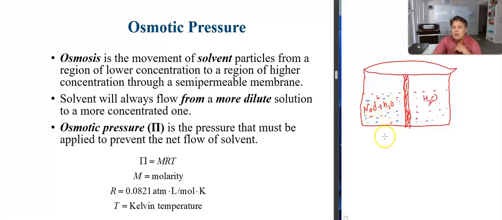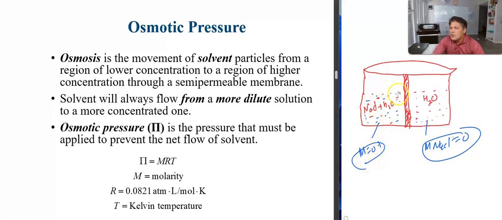So what is happening? The solvent particles move from a region of lower concentration to a region of higher concentration. Look at that. Here, the concentration of NaCl is 0, and here, for example, the molarity is 0.1.